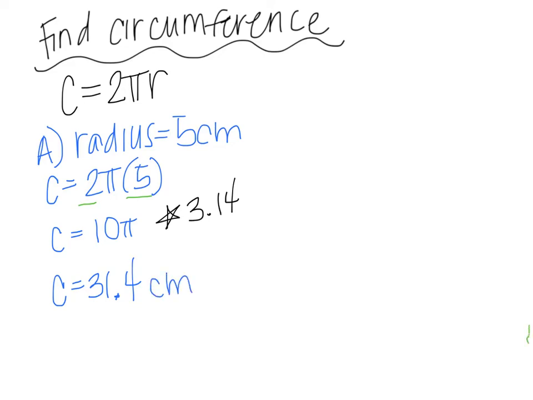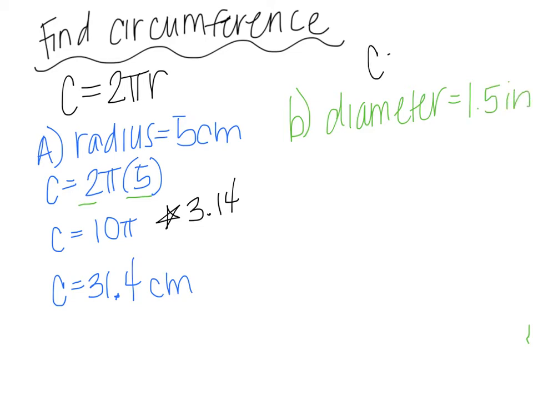Let's try another one. This time, I'm going to tell you that the diameter is 1.5 inches. So now we have to think, if I'm given diameter, we need to use the formula pi times diameter.